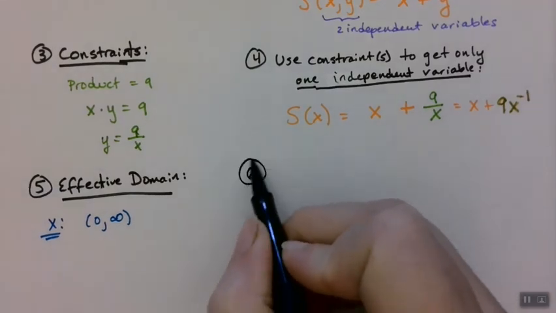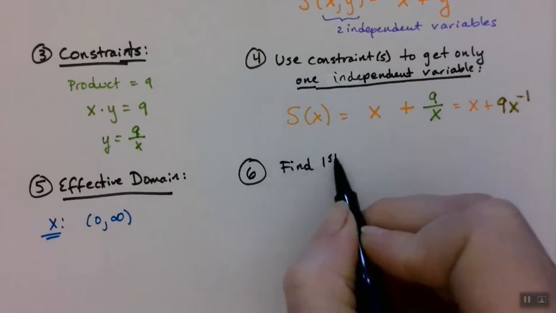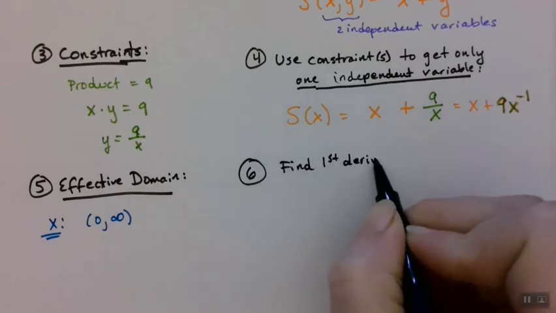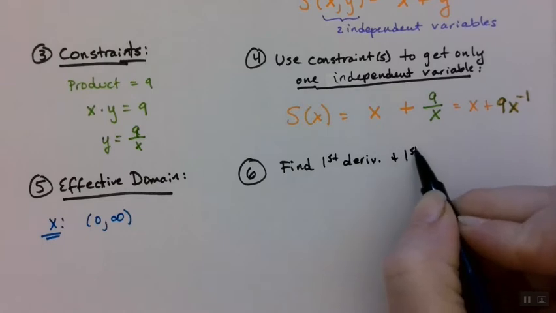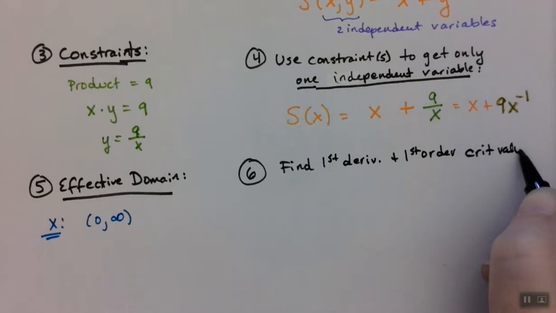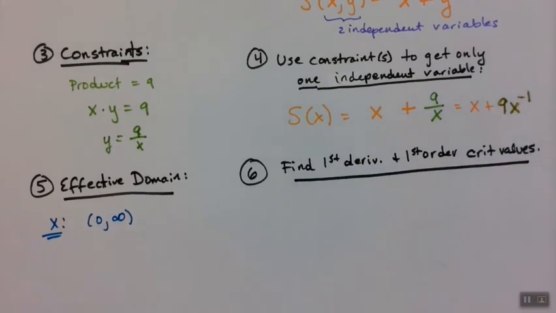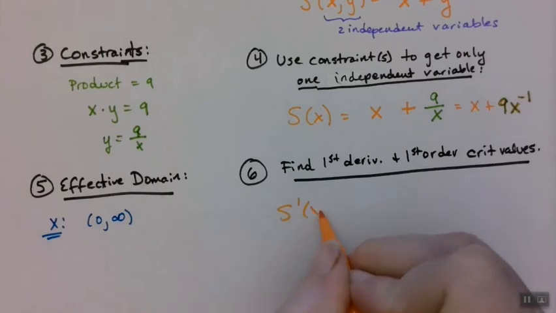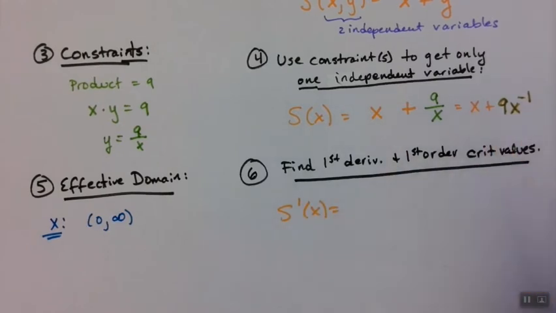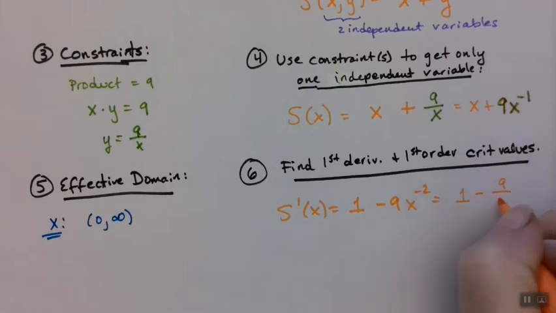Step 6, we're going to find the first derivative and first order critical values. Okay, so the first derivative would be s prime of x. So s prime of x would be the derivative of x, which is 1, minus 9x to the negative 2, which would be 1 take away 9 over x squared.